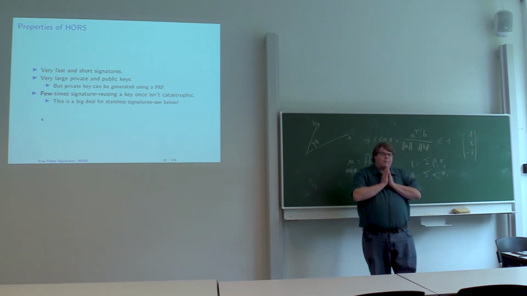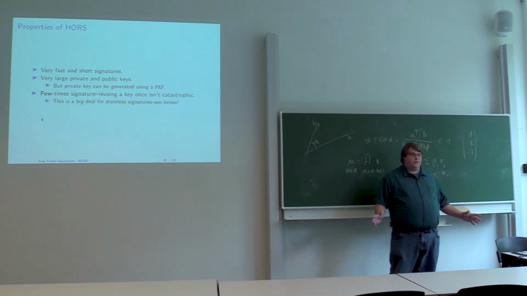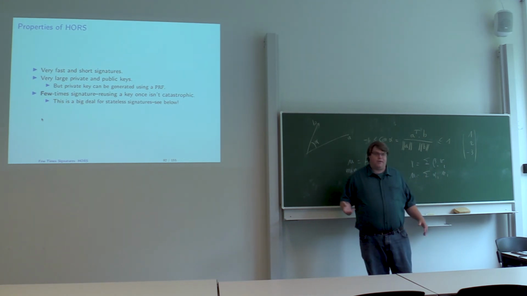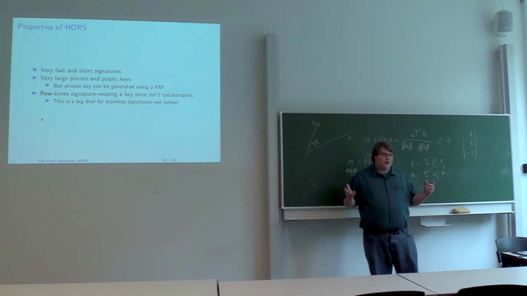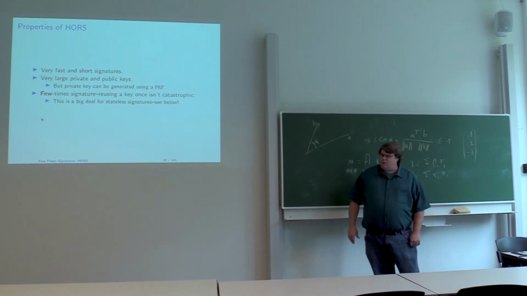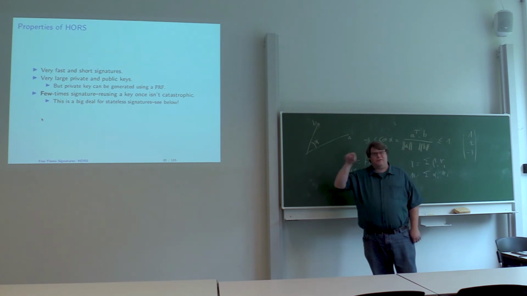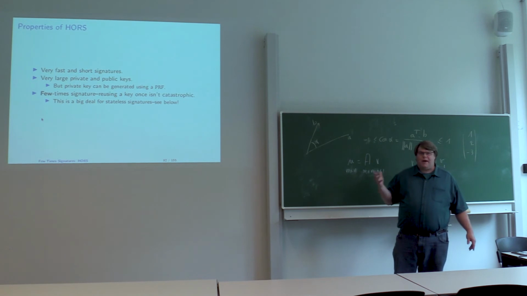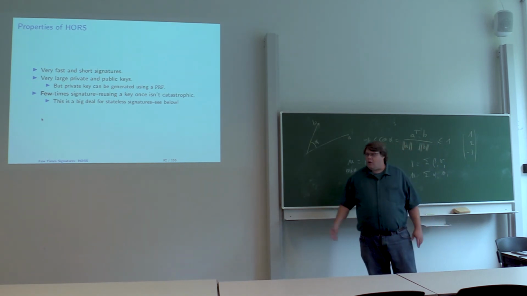And before we talk about why, let's just think of this intuitively, right? Lamport Signatures, every time I sign, I'm giving away half my private key. It's pretty intuitive why signing twice is going to go badly for me, right? With Winternitz Signatures, it's a little more complicated because you can think of your private key as all those hash chain elements, but on average, you're giving about half your private key away, okay?